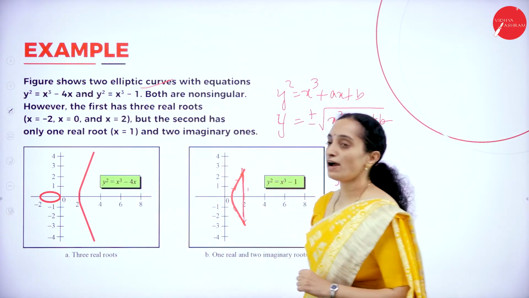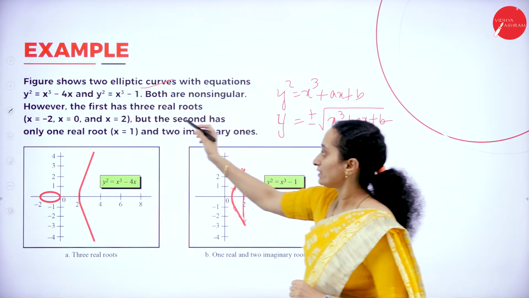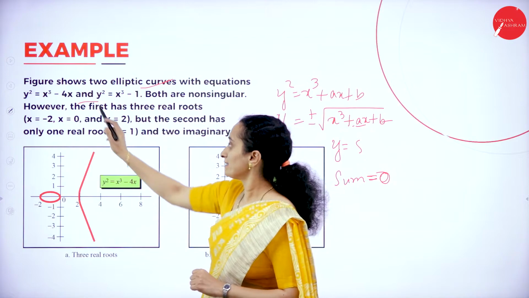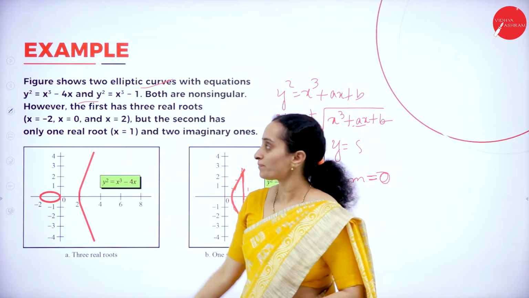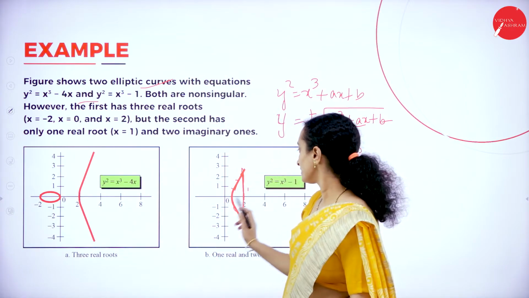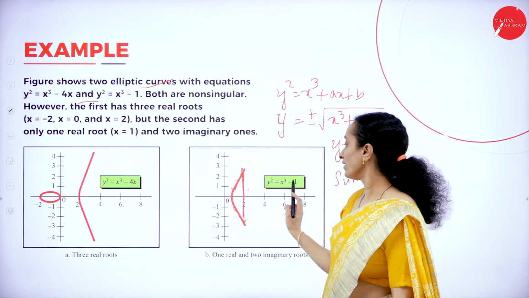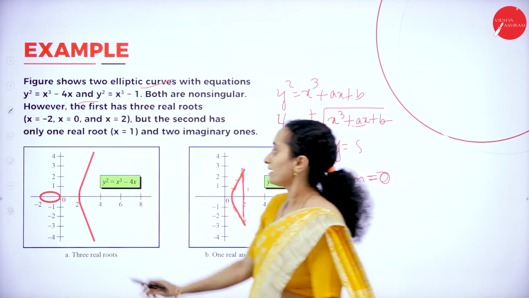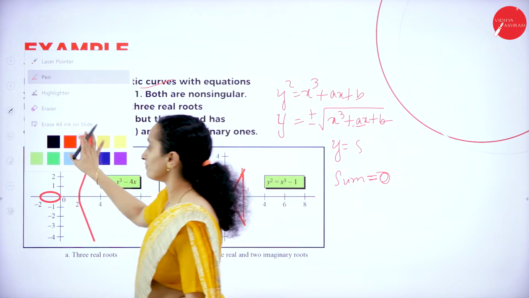Here we have 2 elliptic curves with equations y² = x³ − 4x and y² = x³ − 1.